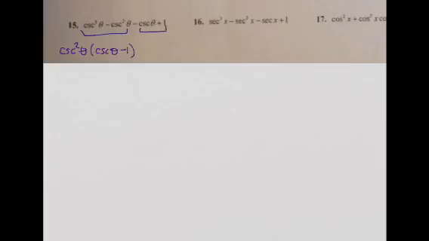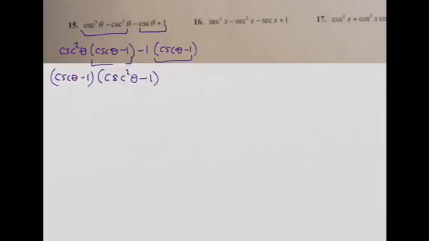And then the next pair, I could factor out a negative 1. That leaves me with cosecant theta minus 1. Now notice how they have this term in common, so I'm going to take it out. So cosecant theta minus 1, cosecant squared theta, oops, put the square too early, cosecant squared theta minus 1.